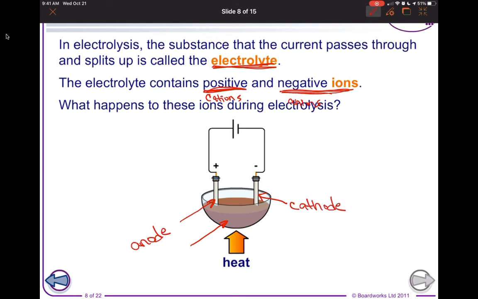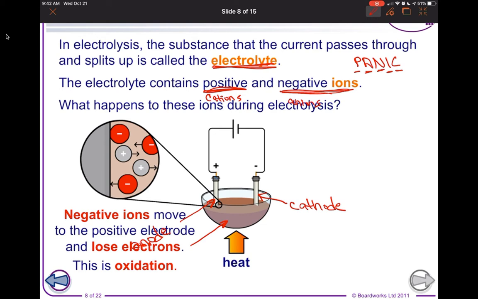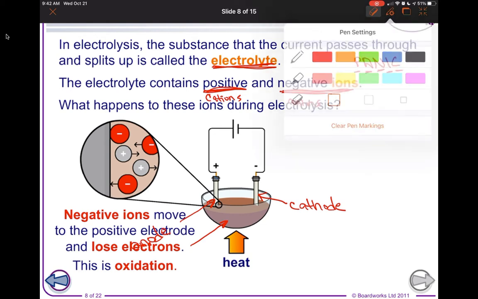Now, in case you think you're going to forget which one is positive and negative, in previous notes before we had our break, I had you write down the acronym PANIC, which stood for positive anode, negative is cathode. So that tells you your anode is positive and your cathode is negative. But now keep in mind, opposites attract. So whenever we perform electrolysis, the ions that are going to be attracted to them will have the opposite charge.